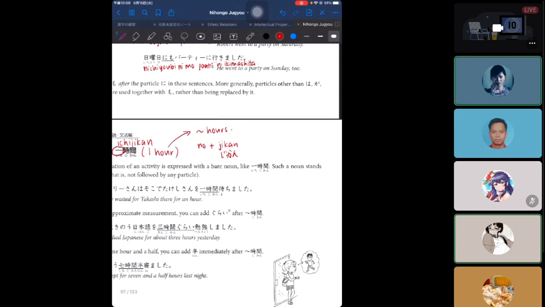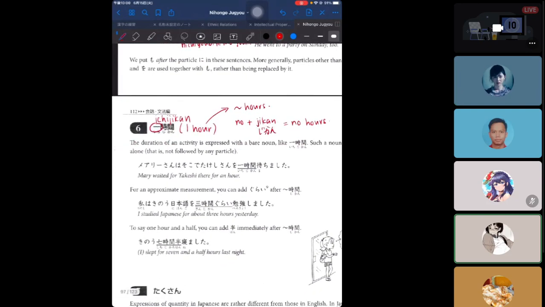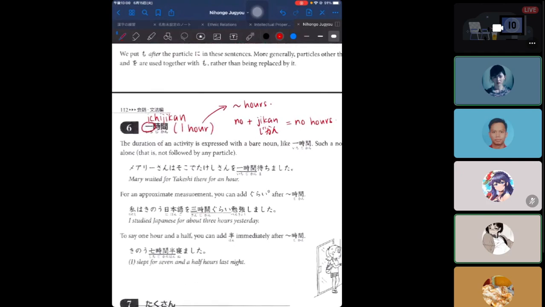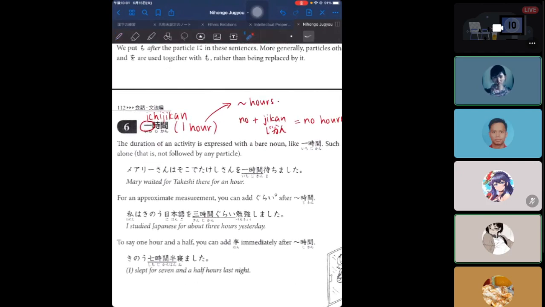So if you add a number and 時間, it'll become that number of hours. For example, if you want to say 3 hours, it'll become 3時間, and 5 hours, 5時間.